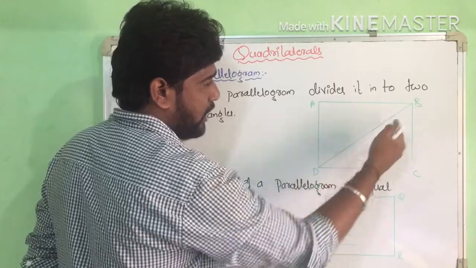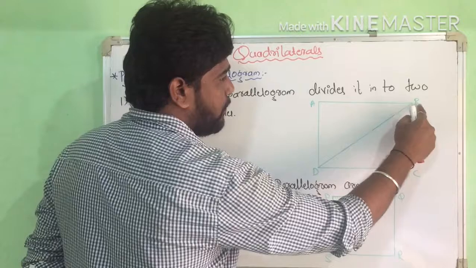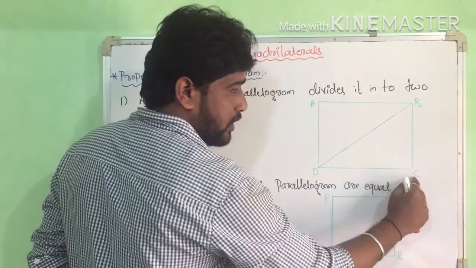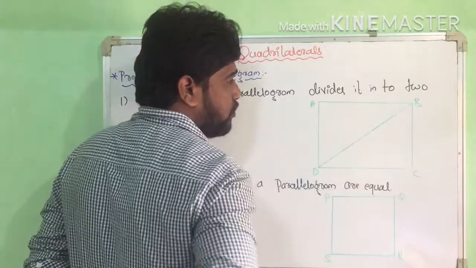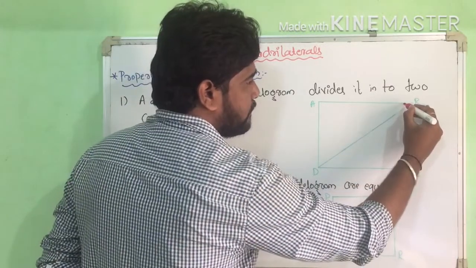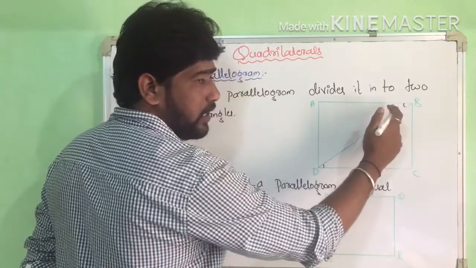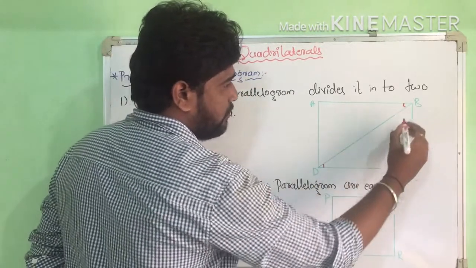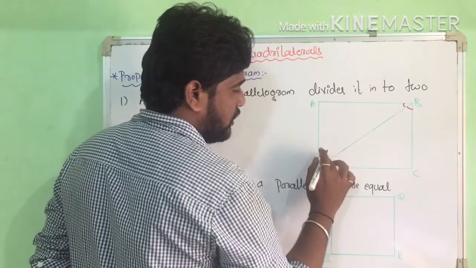BCD. In these two triangles, BD is the common side and AB is parallel to DC because ABCD is a parallelogram. It means these two angles are equal. These two angles are equal, right? Alternate angles, and similarly these two angles are equal.